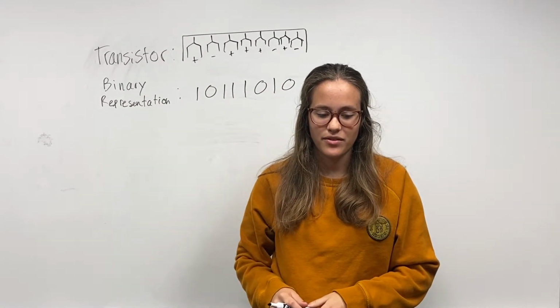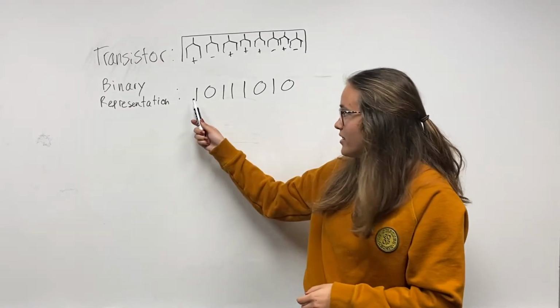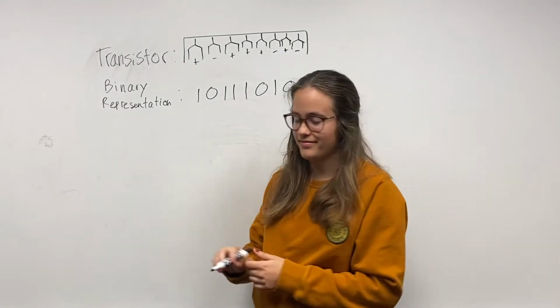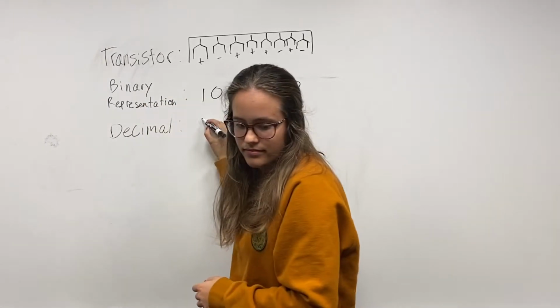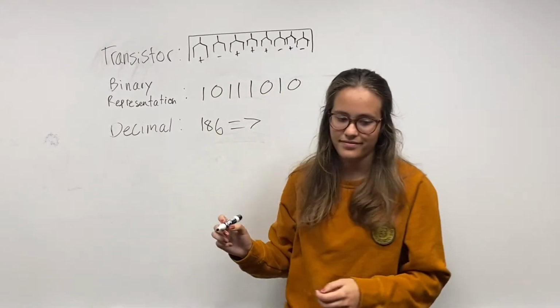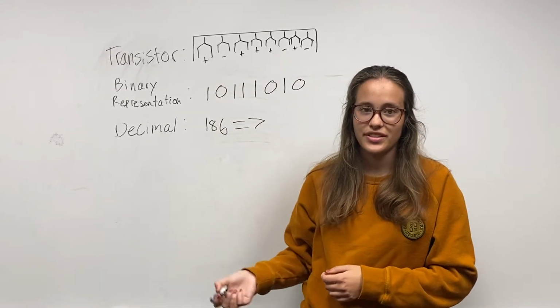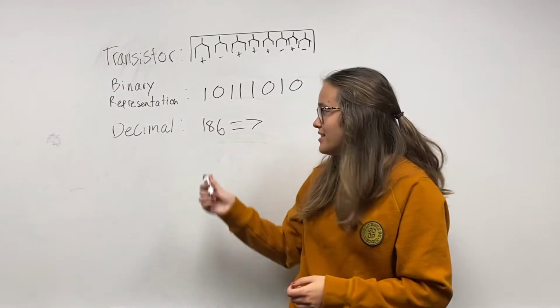Each transistor represents a binary digit of 1 or 0. Eight or 16 binary digits represents a decimal number.